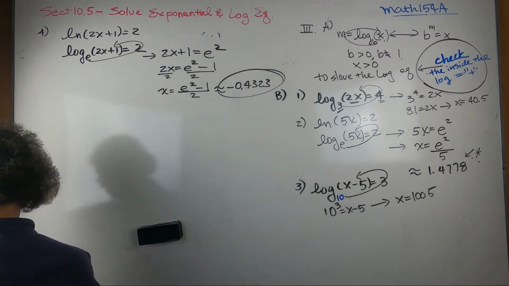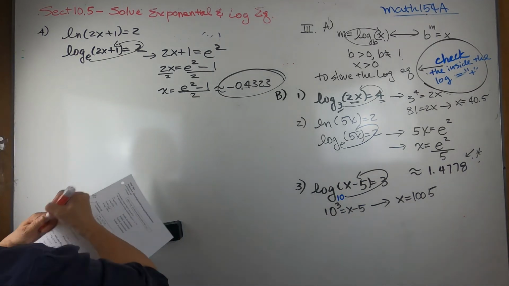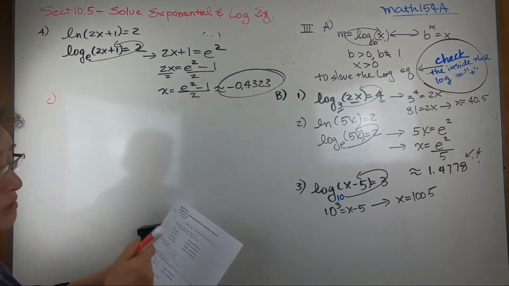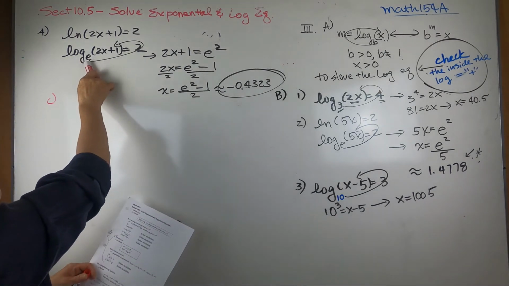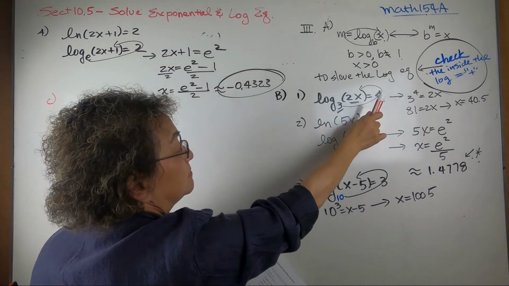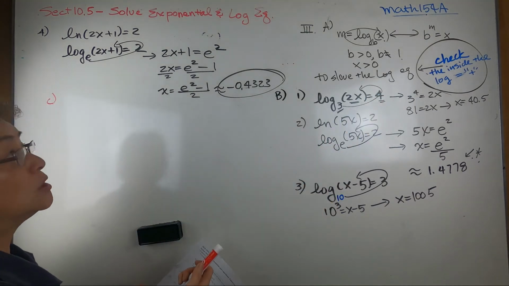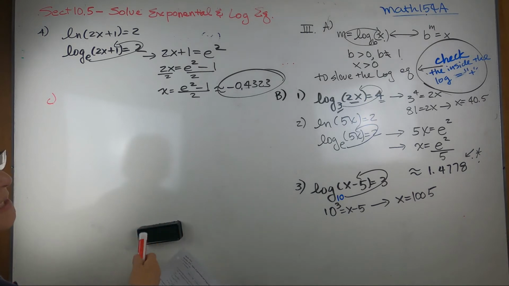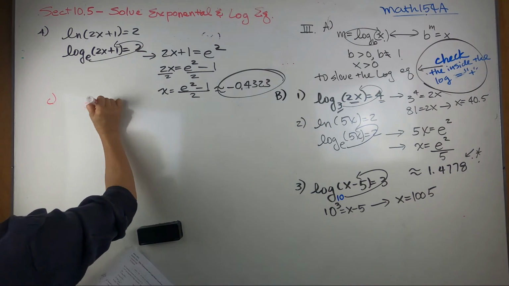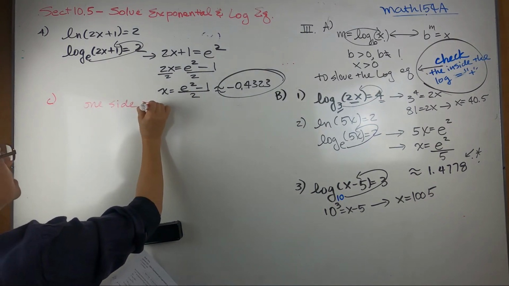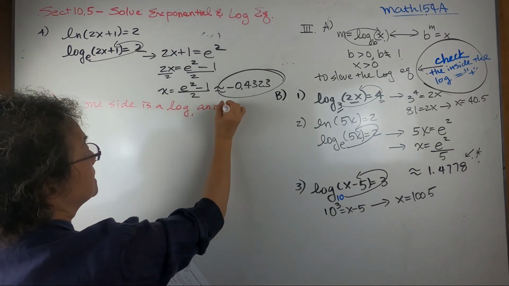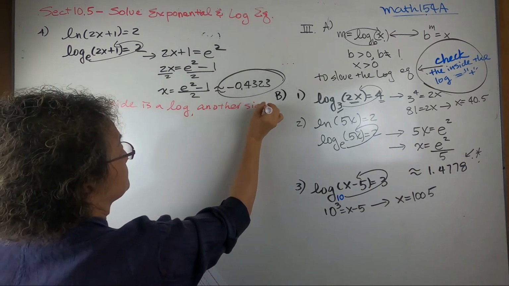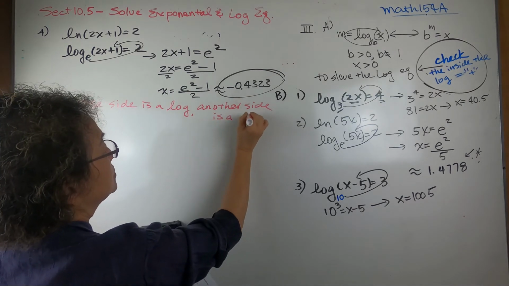So in general, what do we say? To solve an equation with one log, one side is a log, another side is a number, right? Basic one. So one side is a log, and another side is a number.